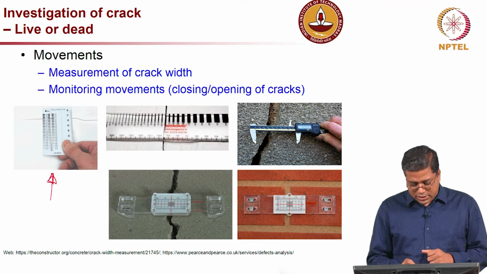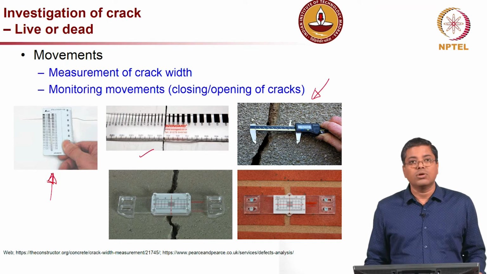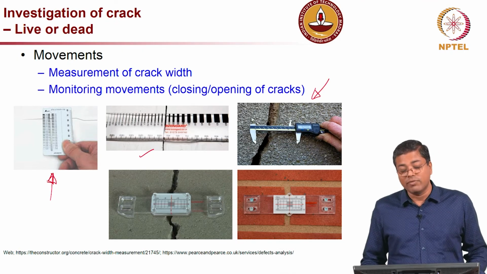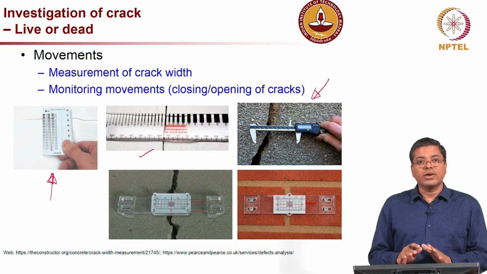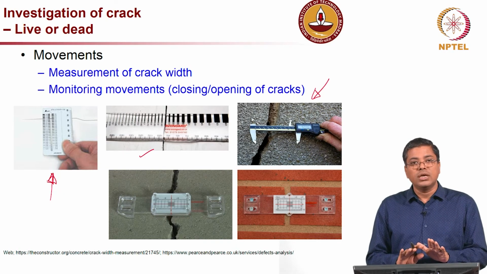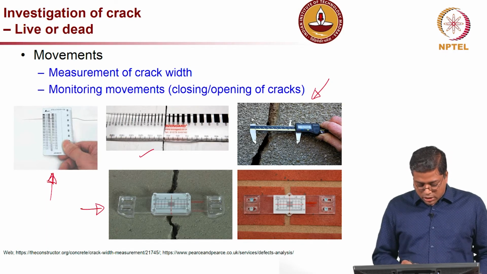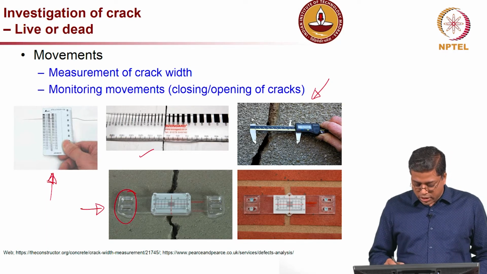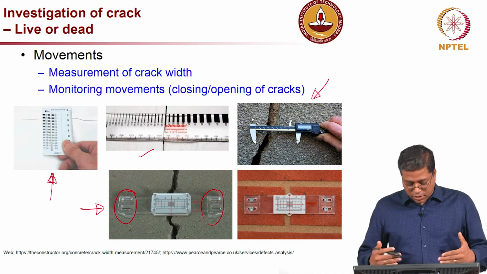And this is a crack scale, and you can also measure depending on the size. You can also use a vernier caliper to measure the crack width, and there are tools available where you can look at the movement. If you install this on the structure, it is glued here and then glued here. As the crack moves, there will be movement inside.